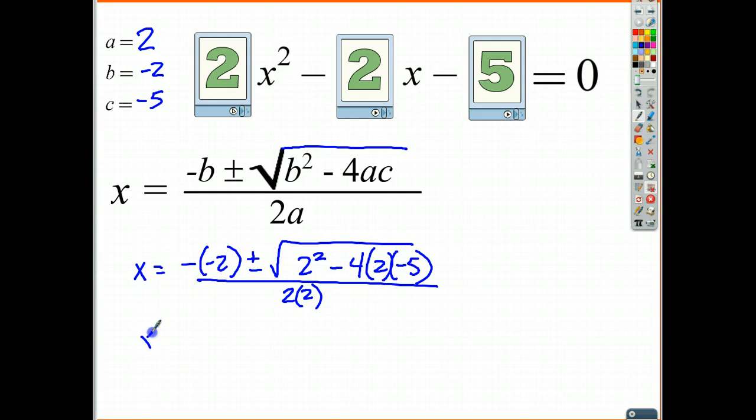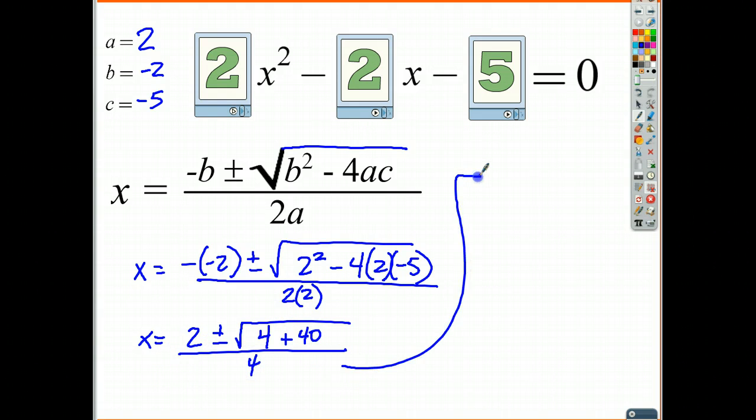Okay, so then x is equal to 2 plus or minus the square root of 4 plus 40, all over 4. So x is equal to 2 plus or minus the square root of 44 over 4.